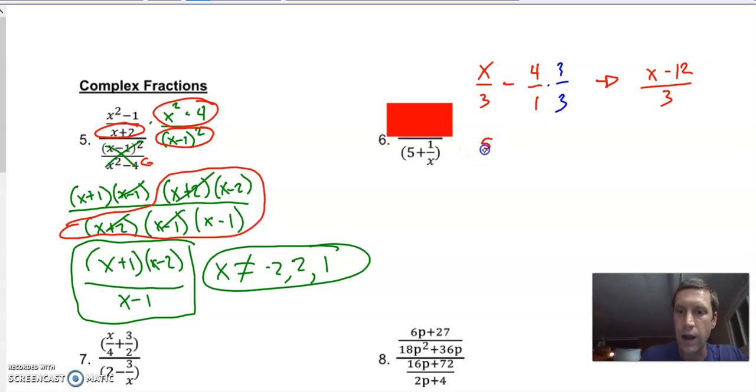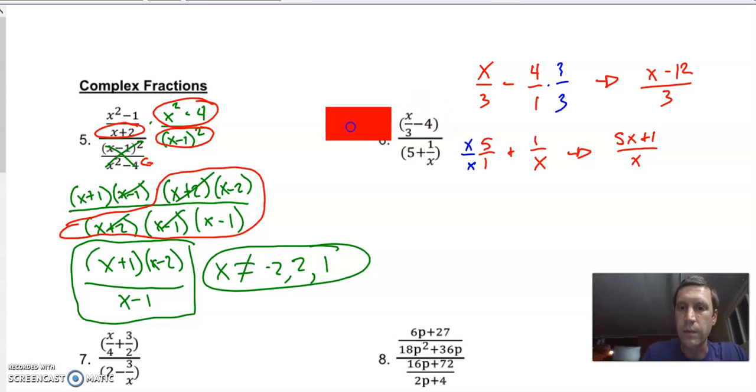So it's 5 over 1 plus 1 over x. I want to multiply that first fraction by x over x, and that'll give me x as the common denominator. So we get 5x plus 1 over x.